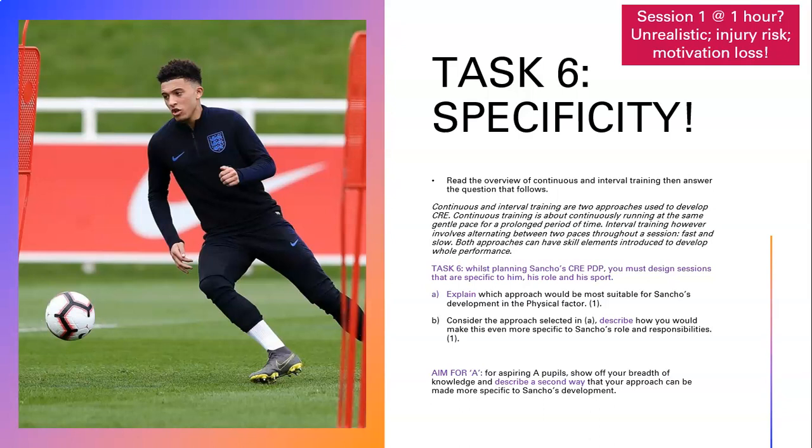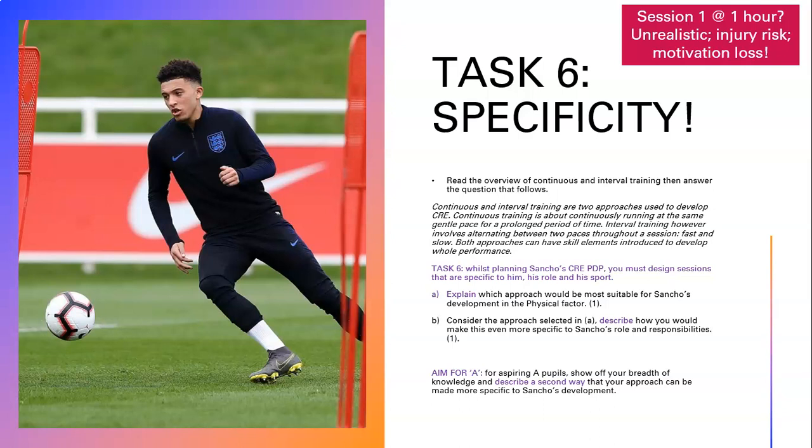So, moving on, read the overview of continuous and interval training below, and then complete the task that follows. There are 2 questions. The first one is asking you to explain, the second one is asking you to describe. For those who want to be very, very good and wish to achieve an A in higher PE, can you take your knowledge a little bit further?